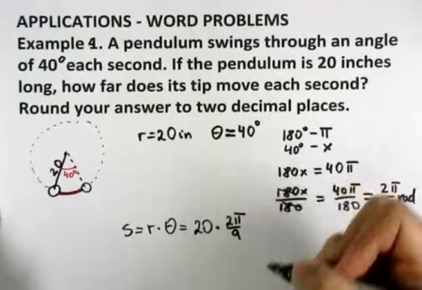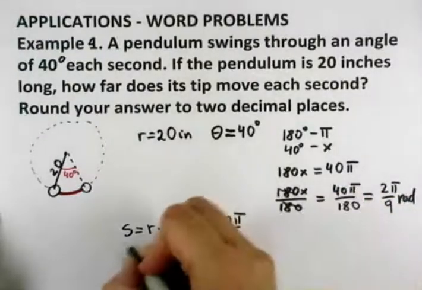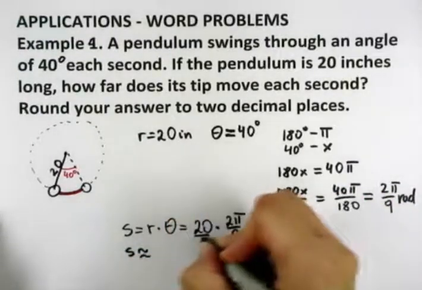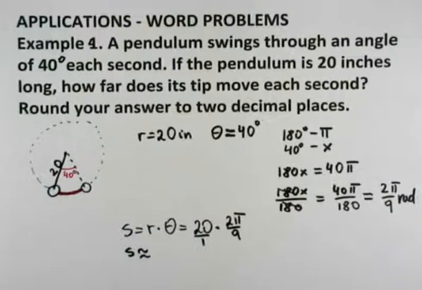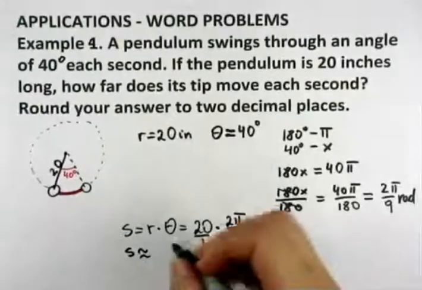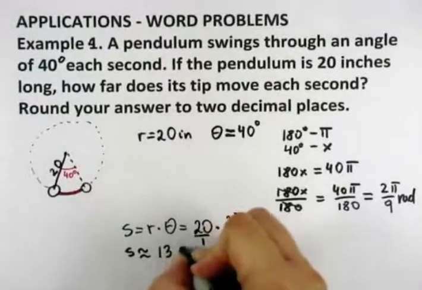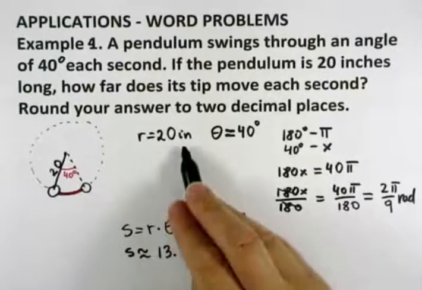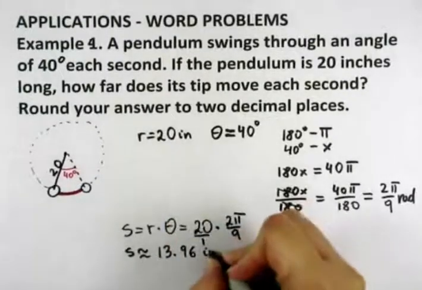Punch this on the calculator and get the approximate value: 13.96 inches. Round to 2 decimal places, and the unit is the same, inches.